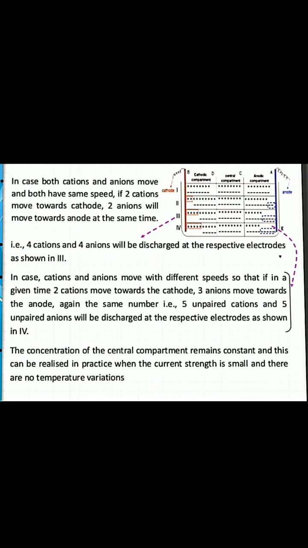See figure 3. So what happened? Now here 4 cations and 4 anions will be discharged at their respective electrodes.